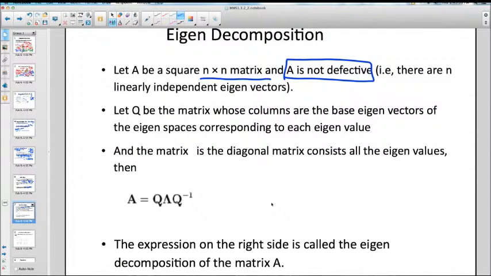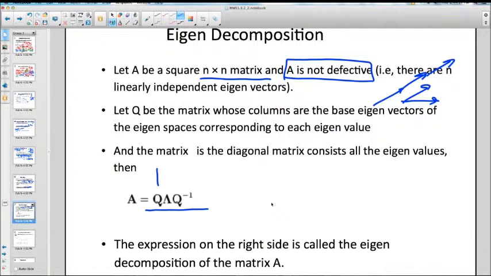What does not defective mean again? It means you can find exactly n eigenvectors that are linearly independent. If you say, oh, I found n, 1, 2, 3, that does not count. That's dependent. Just count as 1. But if you have 1, 2 like that, that counts as 2. If you can find n of them independent, you're good. It's not defective.